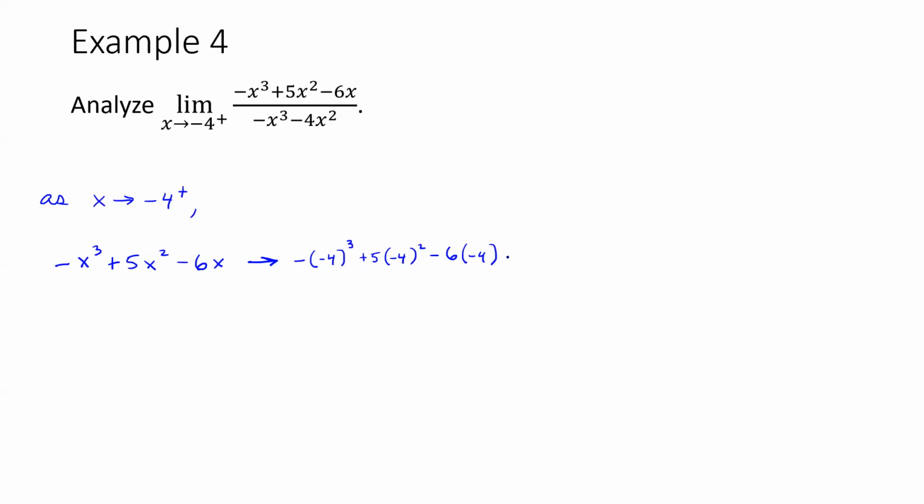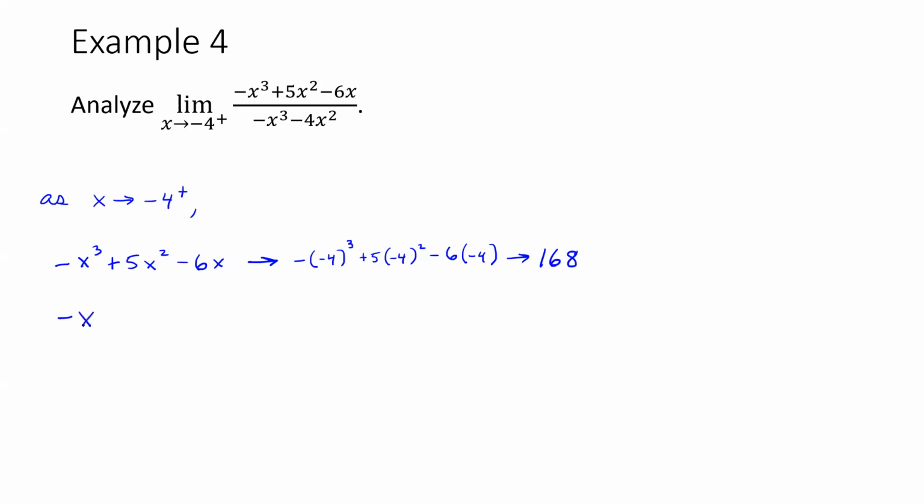Sounds about right. Yeah, you got 64 plus 80 plus 24. Cool. So that means we've got something approaching a positive value in the numerator.